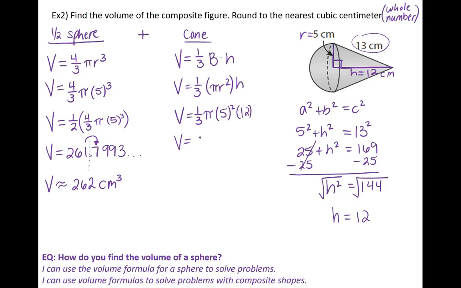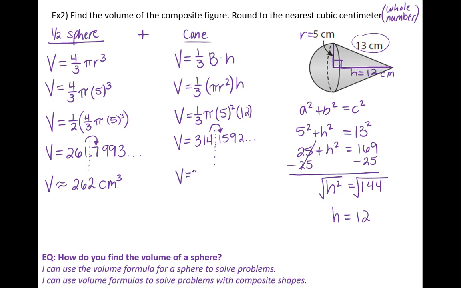Okay, so that number again was 314.159, blah, blah, blah. We are rounding to the nearest centimeter or whole number. So that means I don't want any of these decimals, but I look back at the one. The one tells me to round down or stay where I'm at.